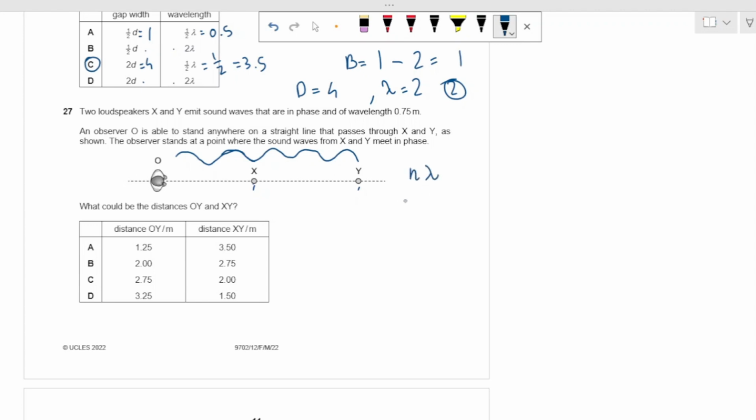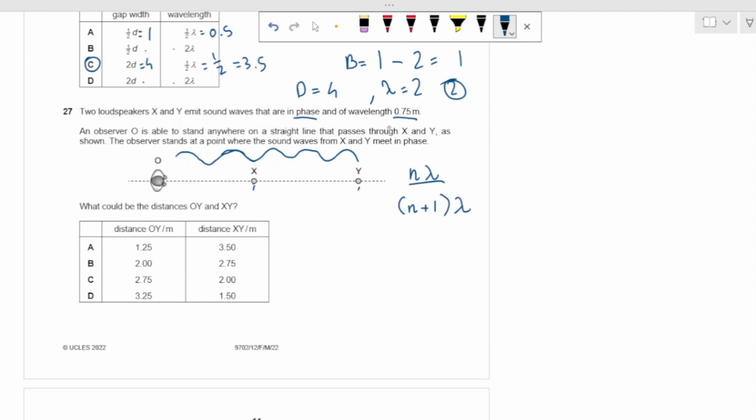And if they would be completely anti-phase, their path difference must be (n plus 1) lambda. So let's see for this condition, because we have just seen that X and Y are in phase over here. And the wavelength is 0.75.